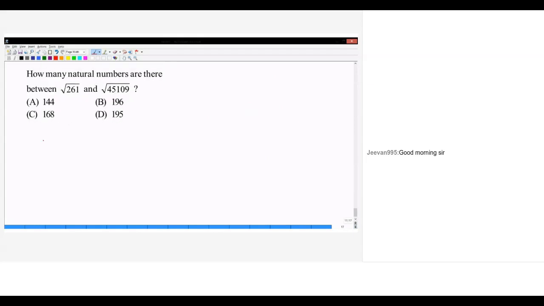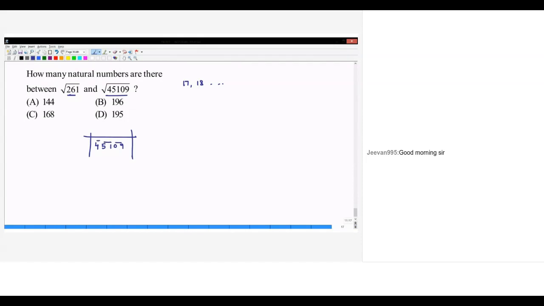How many natural numbers are there between root of 261 and root of 45109? We know this. After this we get 17 squared, 17, 18, all right. But before this, what do you get? So one number or three numbers or five numbers.